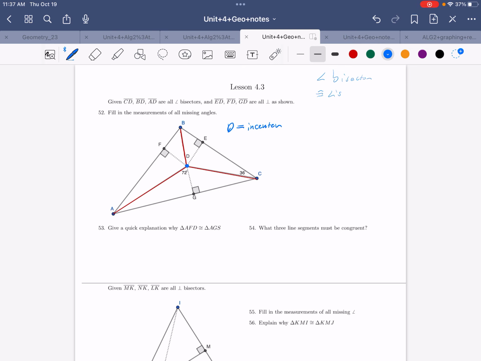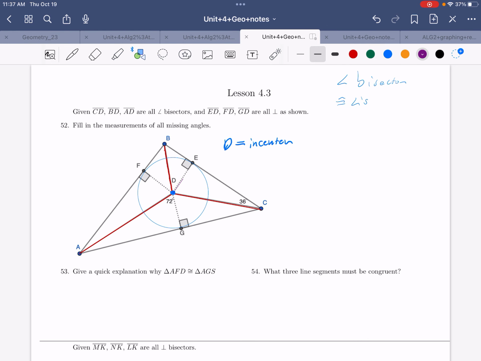Well, it's called the incenter because it actually happens to be the center of the triangle, in the sense that if I drew a circle around the incenter, it would in fact just hit all of the edges, kind of like that circle right there. Since it hits all the edges, then these lines, the dotted lines, which we'll draw in purple here, are all radiuses of the circle.